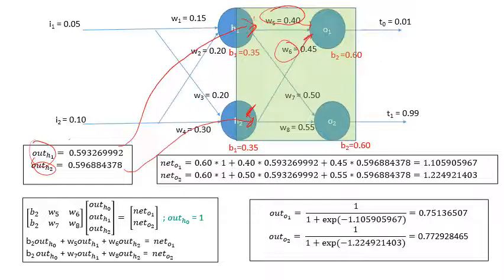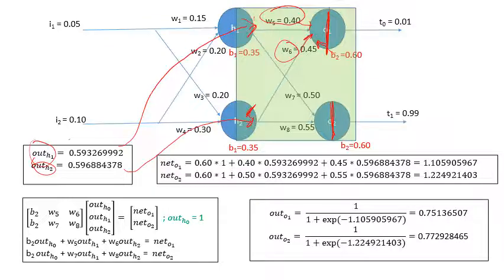Similarly, like what we have done before, you add a bias, and this is now your net input for the first node of the output layer. And similarly, you calculate the net input for the second node of the output layer.